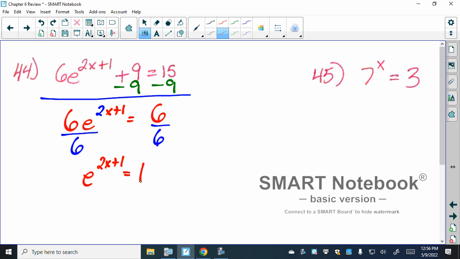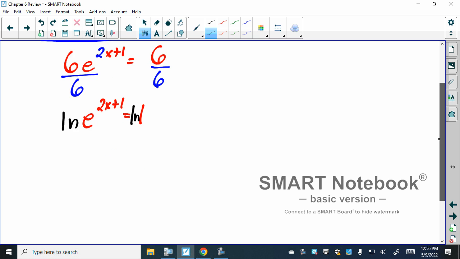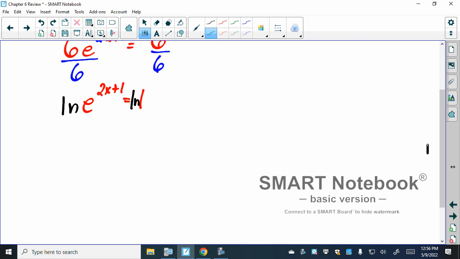Since we do have e by itself, we will apply the natural log to both sides. On the left-hand side, the exponent would move to the front, giving us 2x plus 1. Now ln of e simplifies to 1. And on the other side, we have the natural log of 1.